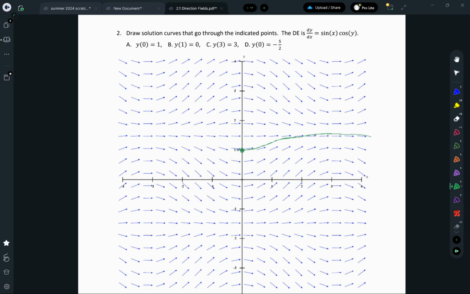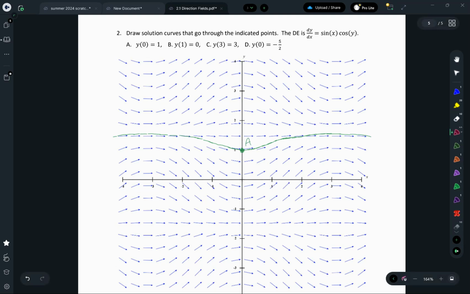And again, to the left, we have a similar situation here where the solution curve has a slope of near to zero.